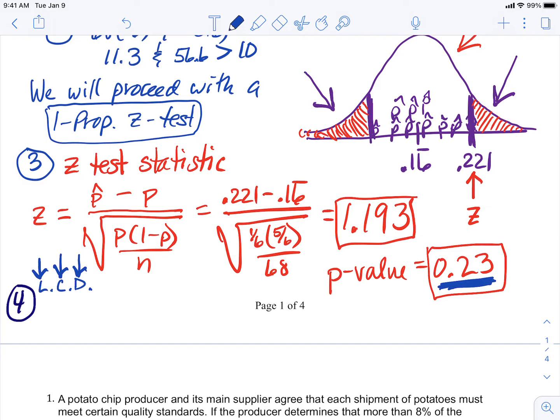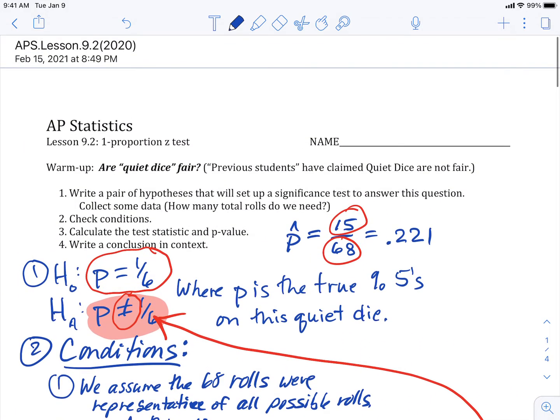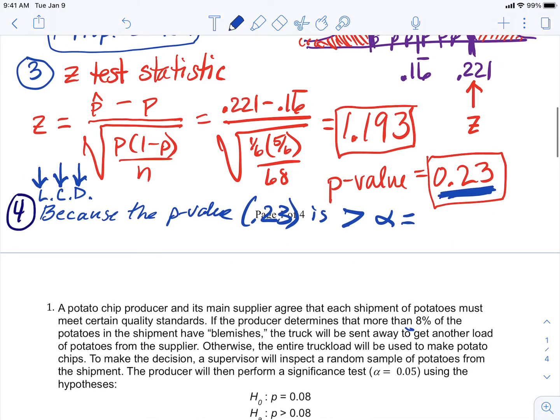So here's how I'm going to have you write these, and this is the way we're going to write them all the rest of the year. We're going to say something like because, this is our linkage, because the p-value, and that was 23%, I'm going to write right over the printing, because the p-value is greater than any reasonable alpha level. Now I'll have to look at the problem if they gave us an alpha level, and I don't believe we had an alpha level. A good alpha level to use is 5%.